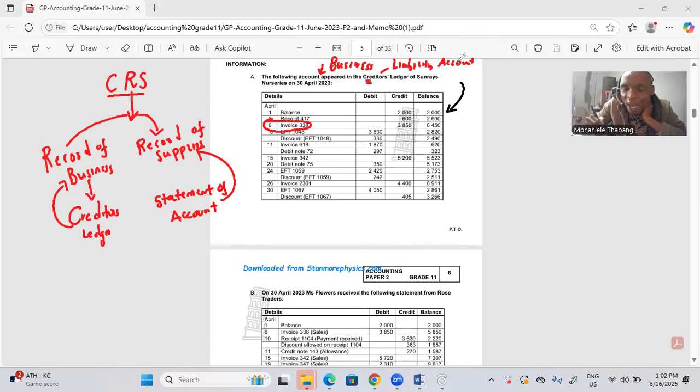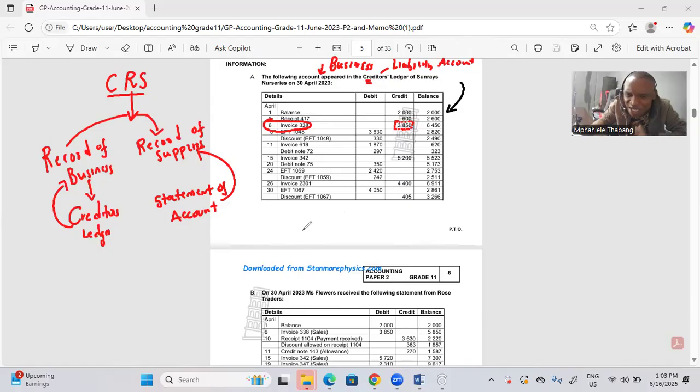So every time we buy on credit from the supplier, we have to record that in the creditors ledger. For example, on the 6th, we bought goods on credit. The goods of 3,850 were bought on credit on the 6th. That was recorded in the creditors ledger.